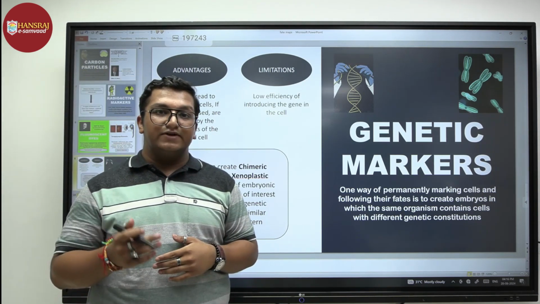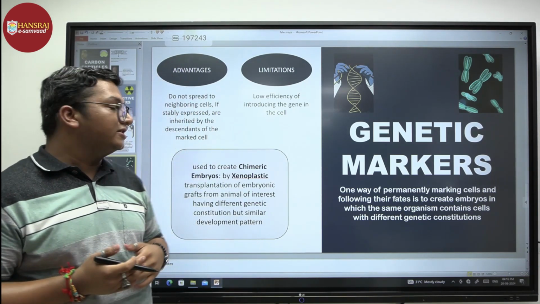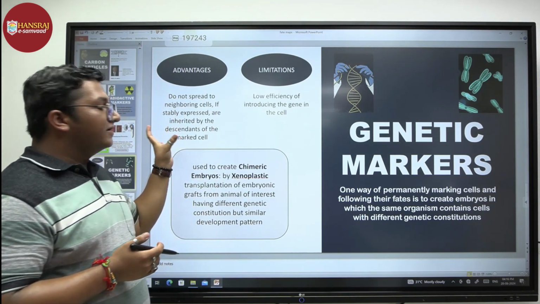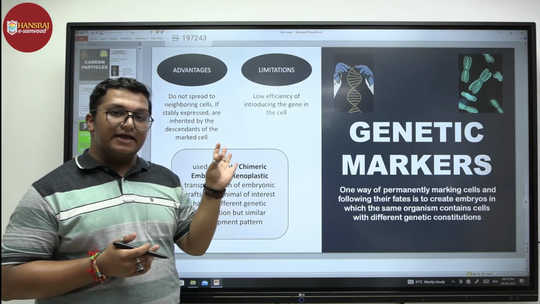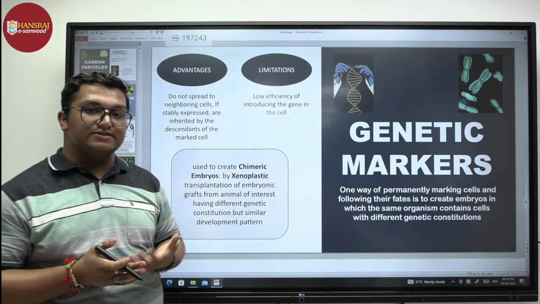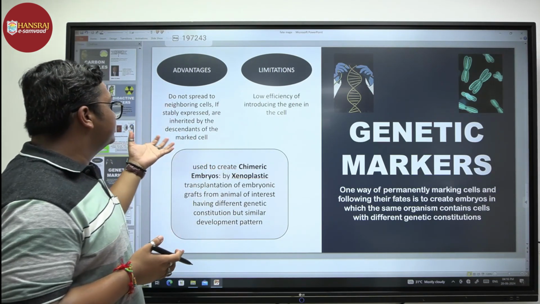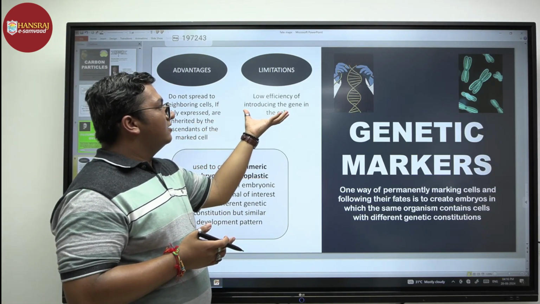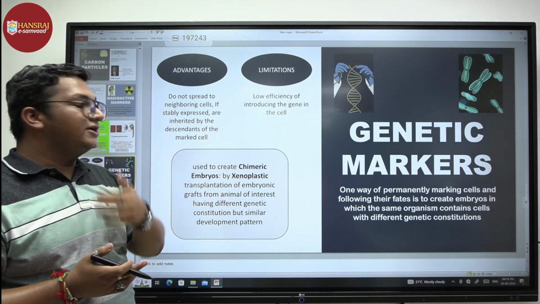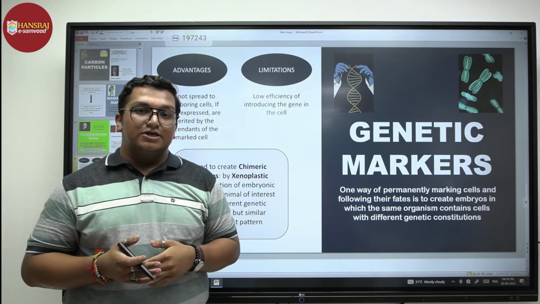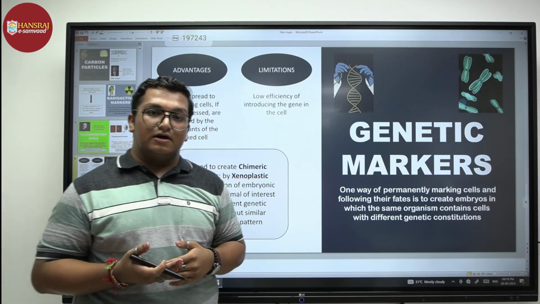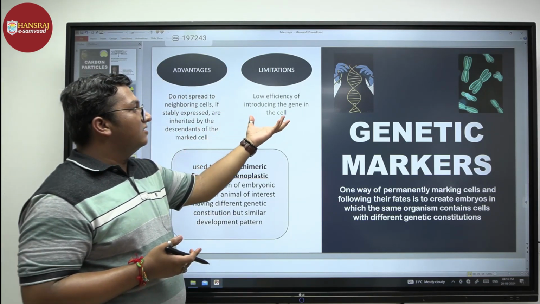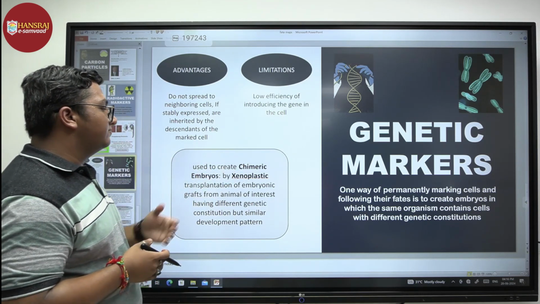First of all, we'll genetically modify those cells to study, and if it is stably expressed and inherited by the descendant cells, then it is very advantageous for us to study. But it is also very low in efficiency because the introduction of the gene is by chance, so it does not always occur, and it is a very less efficient process.